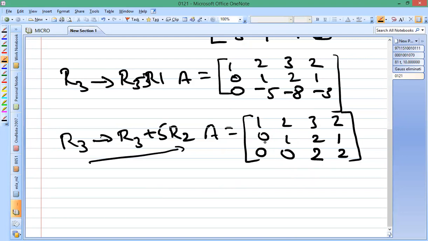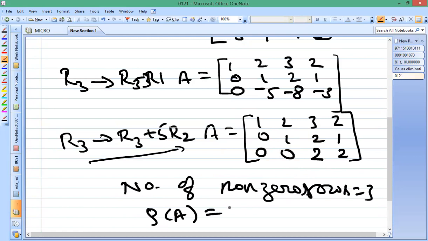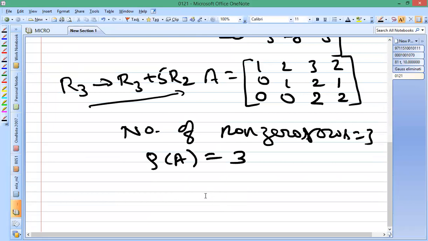So here we'll stop at this point. So here the number of non-zero rows is how much? Non-zero rows is 3. So what is the rank? Rank is 3. The number of non-zero rows is the rank of the matrix, you have to justify.